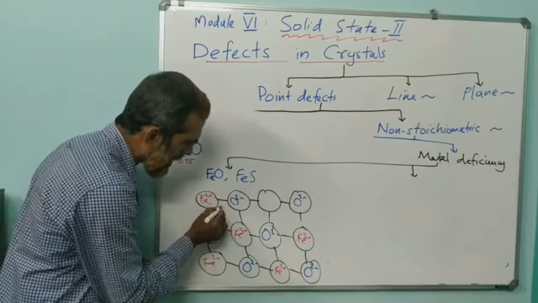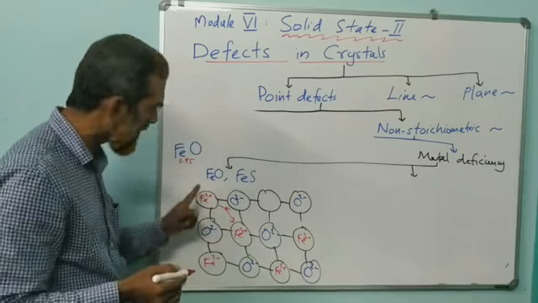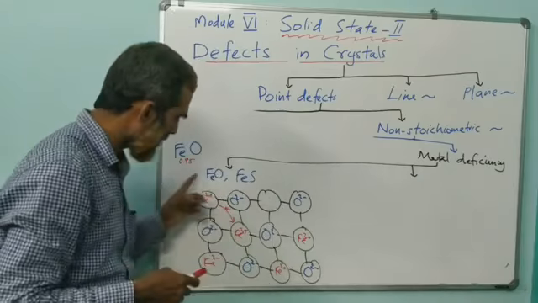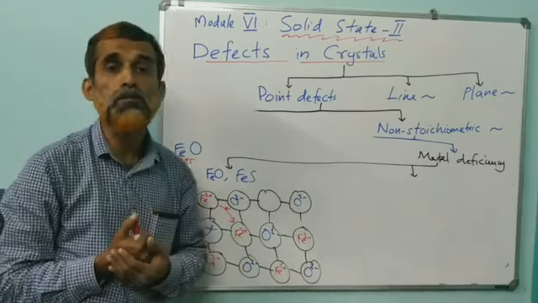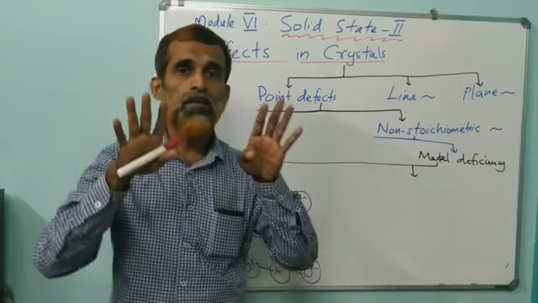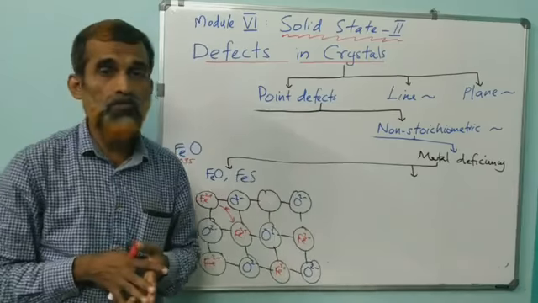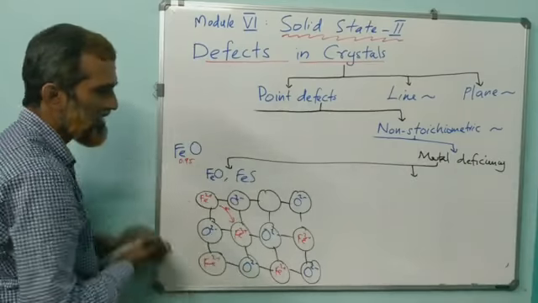See, the electron can move this way, so that this becomes Fe2+ and this becomes Fe3+. Conduction of electrons is possible because of having ions in two different oxidation states. So you will see interesting electrical properties in this case also.